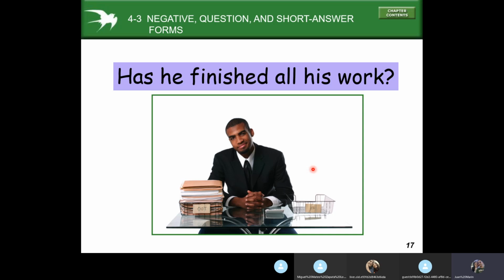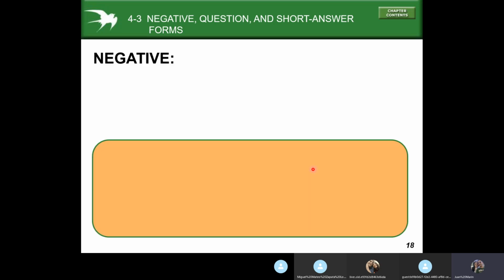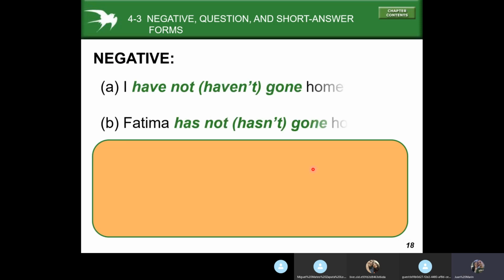Okay, so remember on the video, Ronnie shows us how we form the negative and the interrogative sentences. So the negative is very simple. We have the auxiliary and then we have not. Then we have the past participle of the verb.